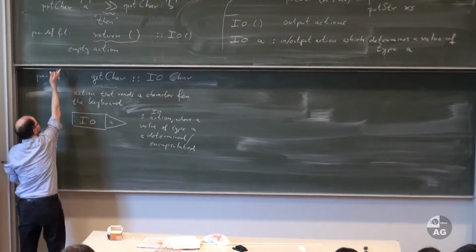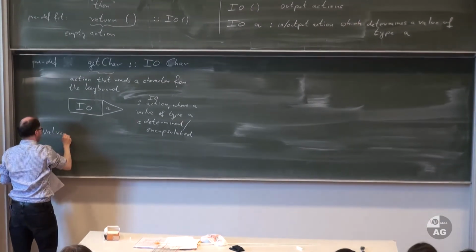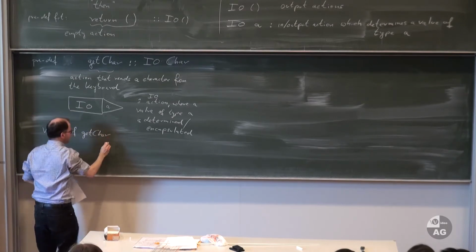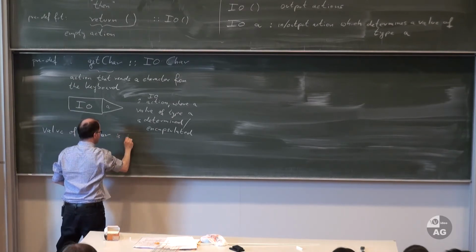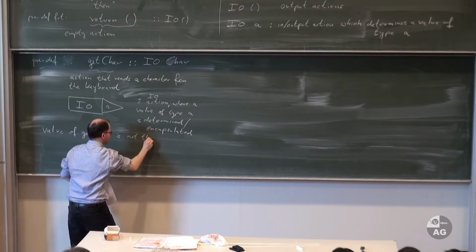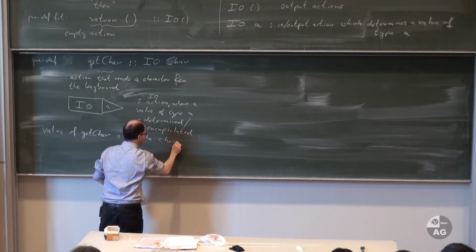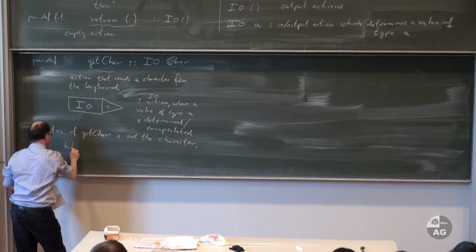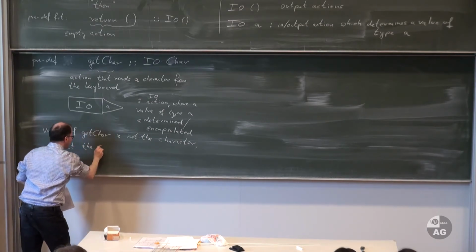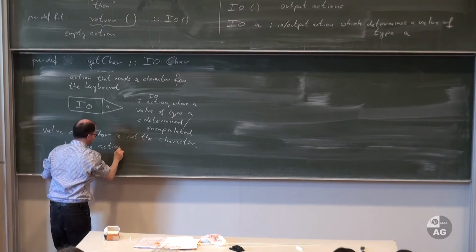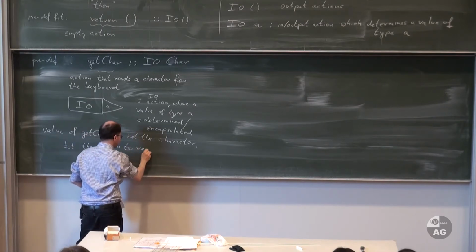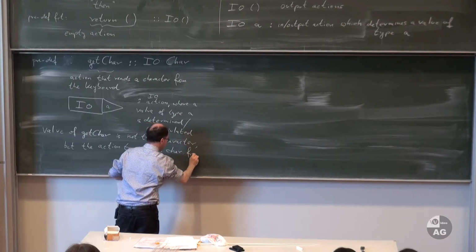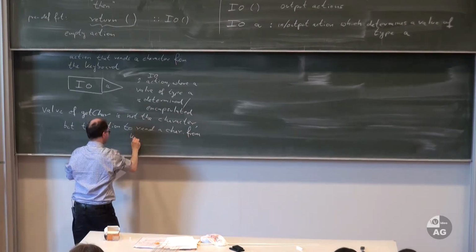So the value of getChar is not the character which was typed in by the user, but the action to read a character from the keyboard.